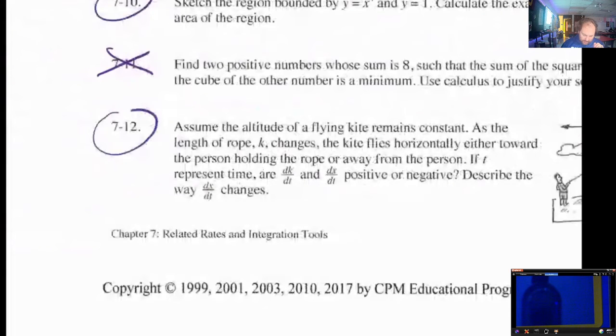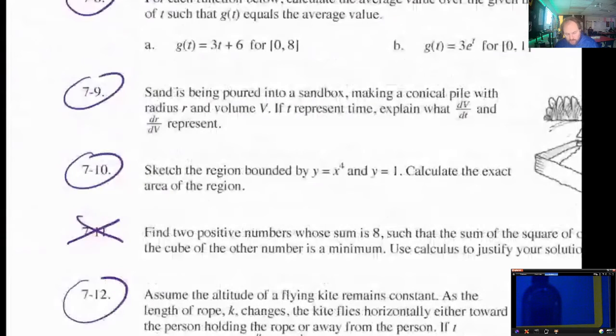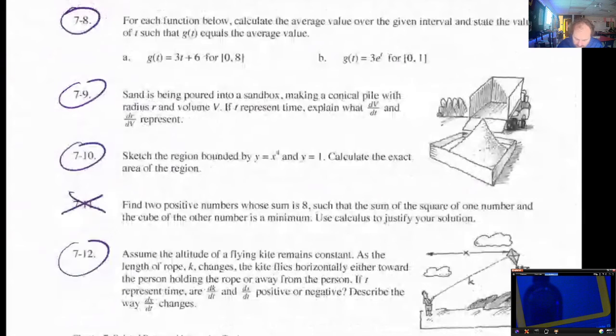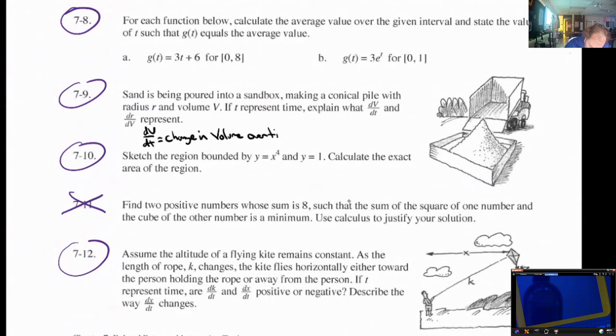Let's look at 7-9. Sand is being poured into a sandbox, and it's got a conical pile with a radius of r and a volume of v, and all we got to do here is interpret what dv dt and dr dt mean. And these are really easy questions. dv dt is the change in volume over time, and dr dt is the change in radius over time.